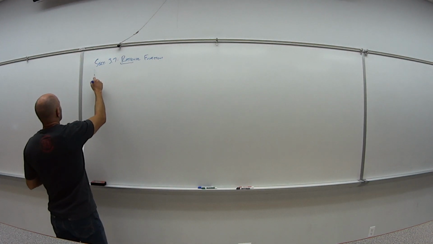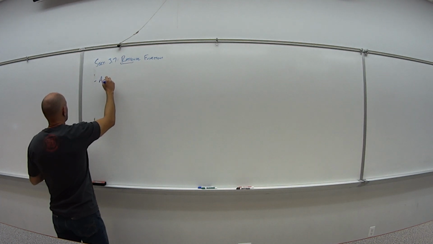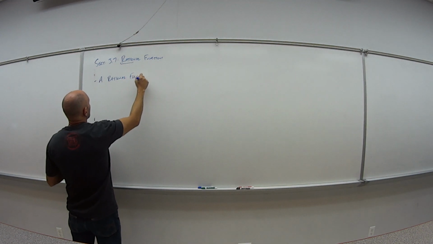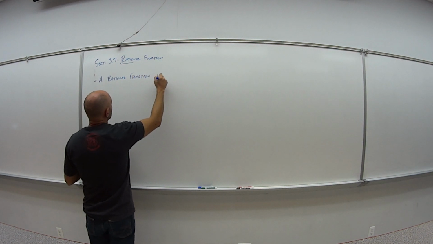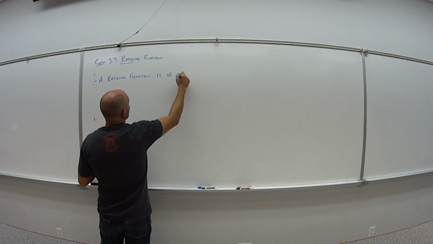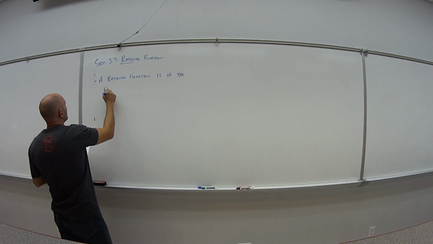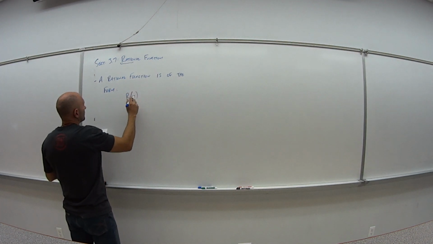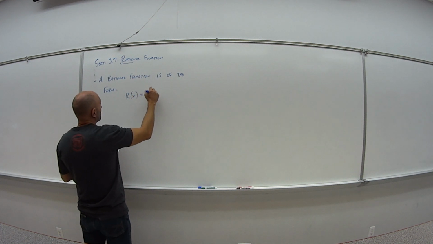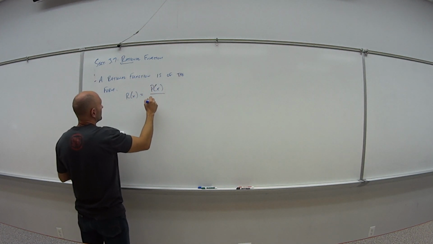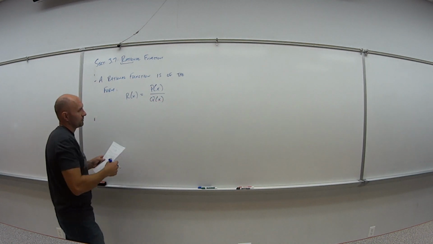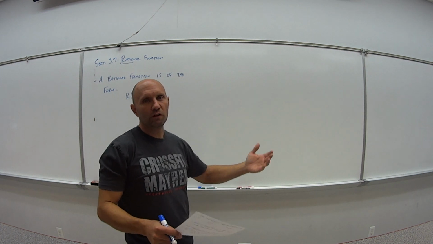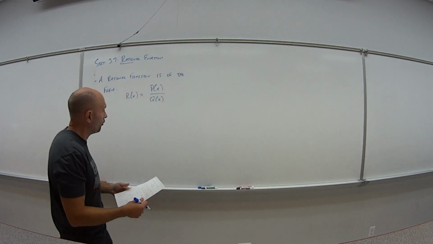So a definition is that a rational function is of the form R of x, our rational function, is some polynomial p of x divided by a quotient polynomial, so we call it q of x. It's basically one function in the numerator, one function in the denominator, a polynomial.